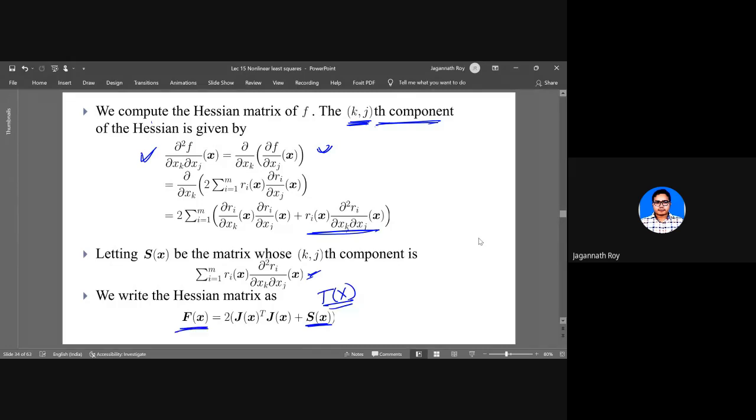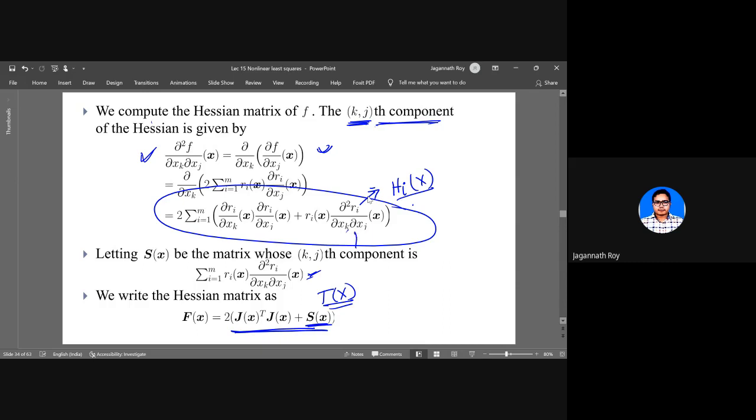So the Hessian matrix will be of this form for this particular problem, because this is Hix, the Hessian for a particular component of the function. So the total entry will give us the Hessian matrix, and this is only one entry, the ki entry of the Hessian matrix.